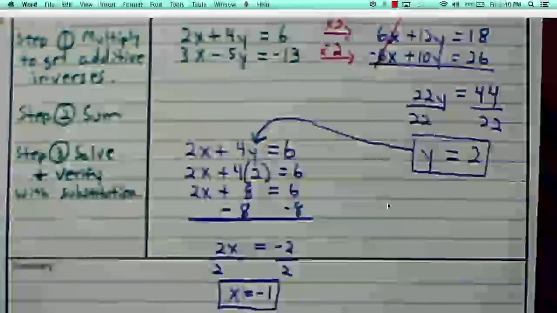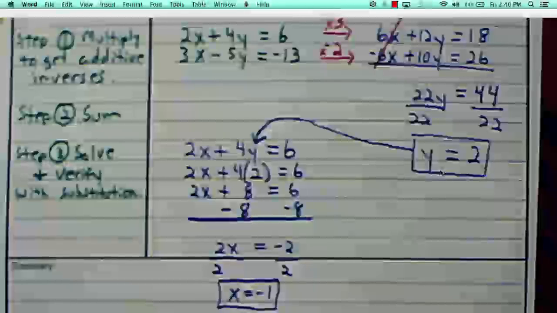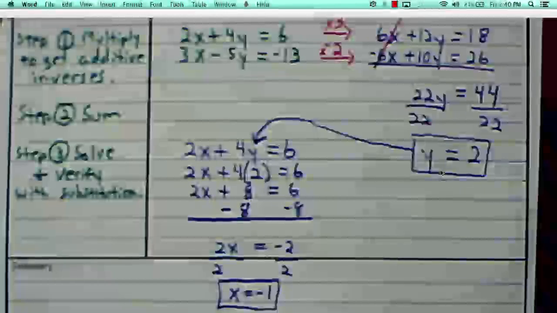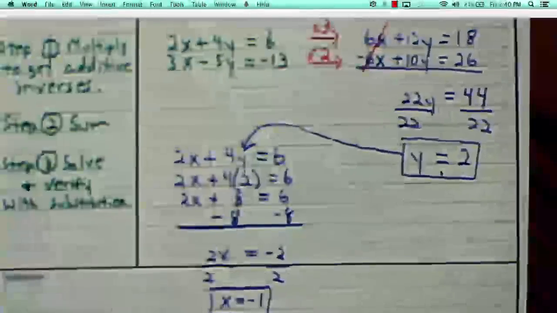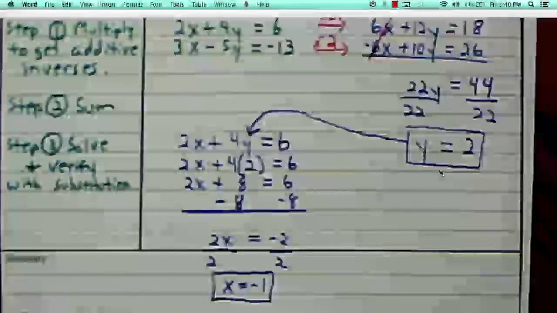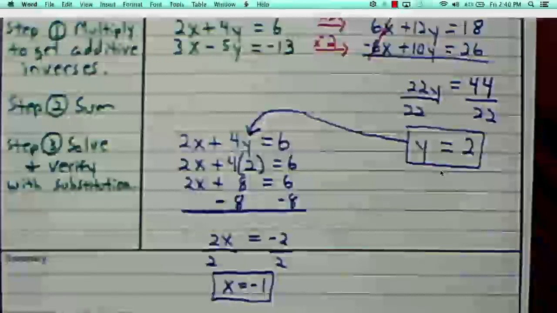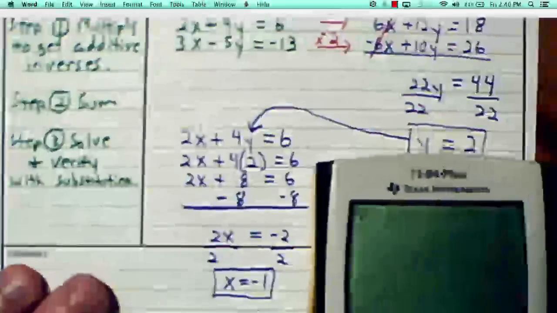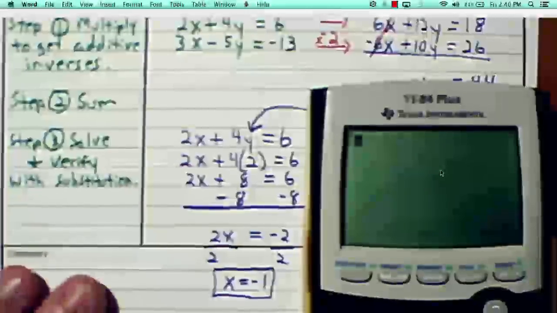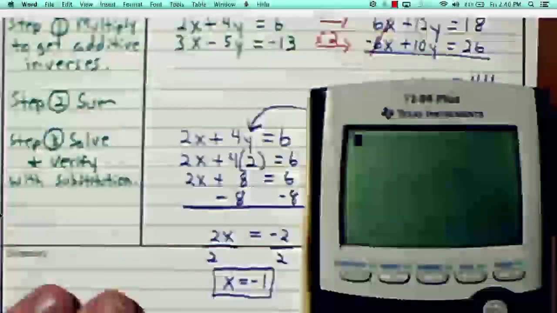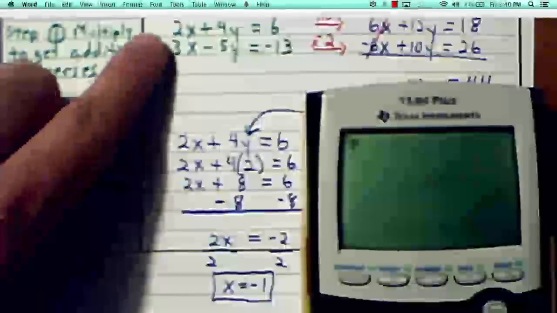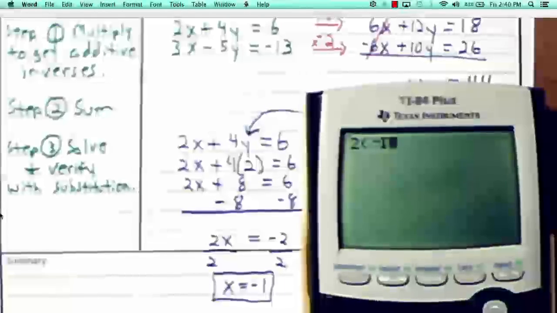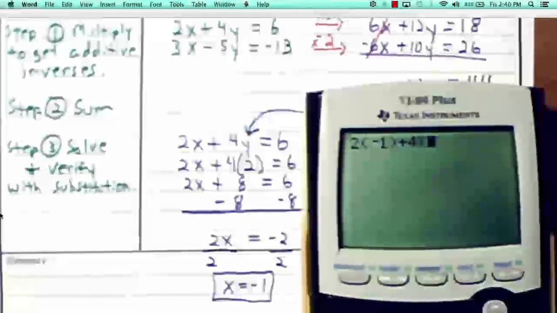We have x is -1 and y is 2. I'm going to take those two values and substitute them in using my calculator, now into my original equations. 2x plus 4y is 6. 2, open parentheses, x being -1, plus 4, open, we believe y to be 2.